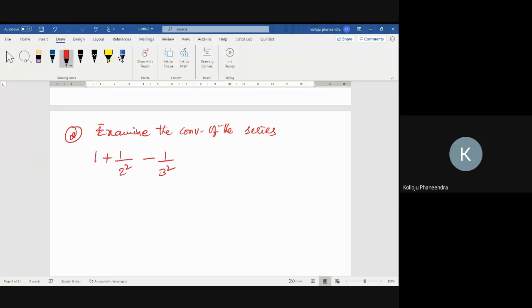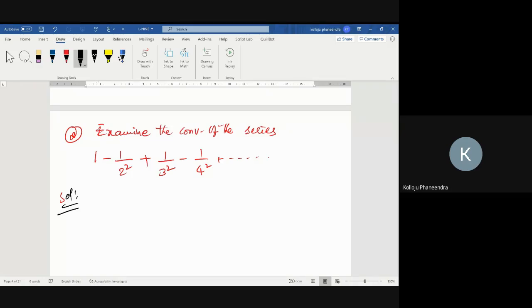Sorry, all this is a printing mistake. This is 1 minus and this is plus, minus 1 by 4 square and so on. Solution.